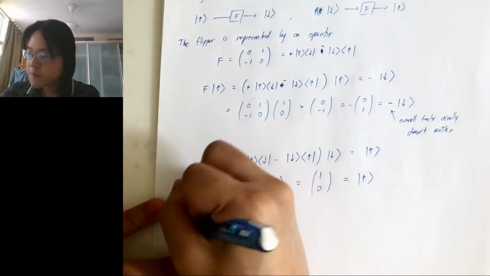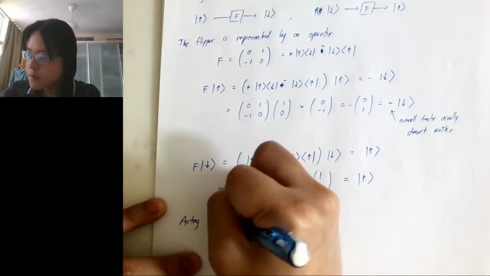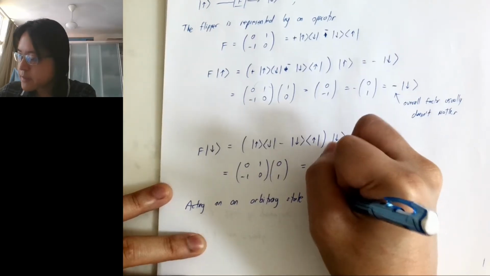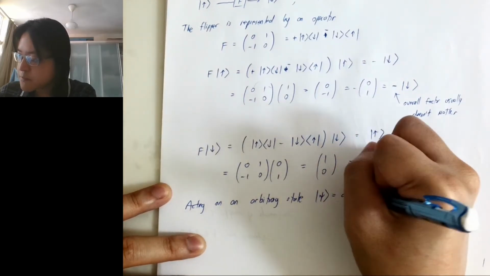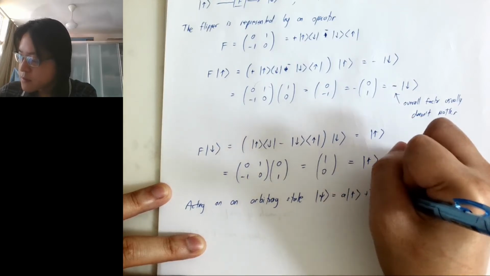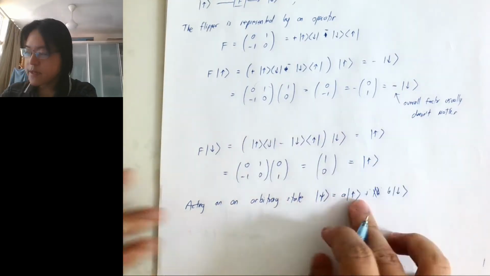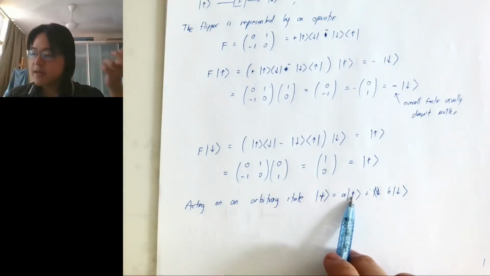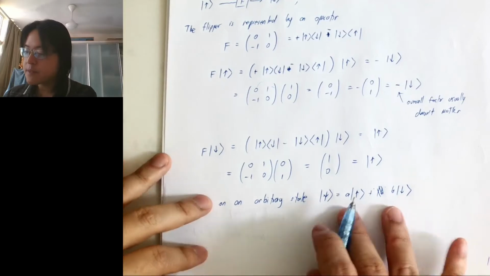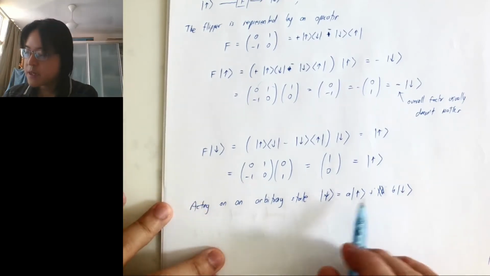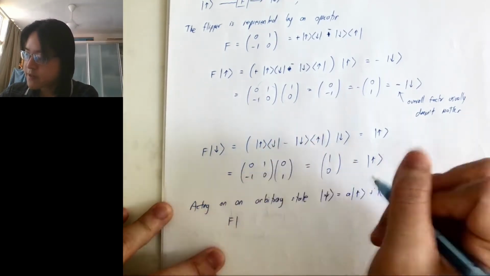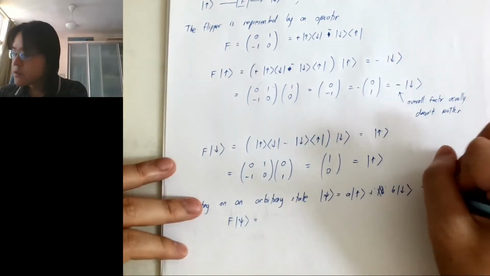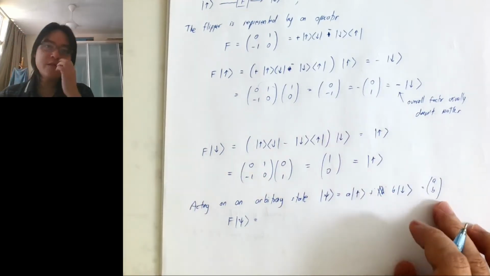So an arbitrary state, right? Let's say my state is some arbitrary superposition of up and down. Okay, so some quantum superposition state enters the flipper. Basically, it will just interchange the two of them, right? But now we got a phase factor. So F acting on this state, you can do it in the matrix way, but I think the matrix way everyone is familiar with.